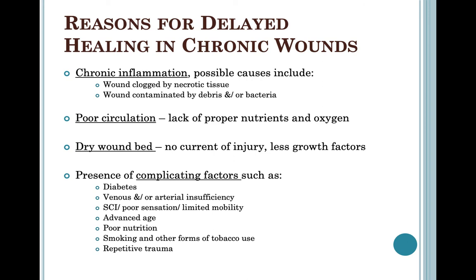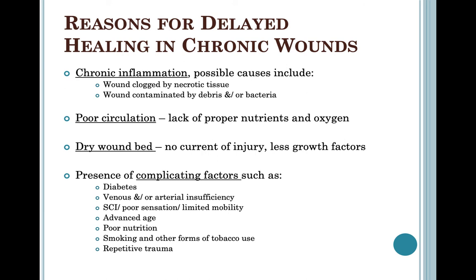Wounds that are in a chronic inflammatory stage often have contamination with debris or bacteria as well. Poor circulation will not allow the wound to have enough nutrients and oxygen in order to heal. I talked about the dry wound bed, how that diminishes the current of injury and takes away some of the growth factors that are necessary.